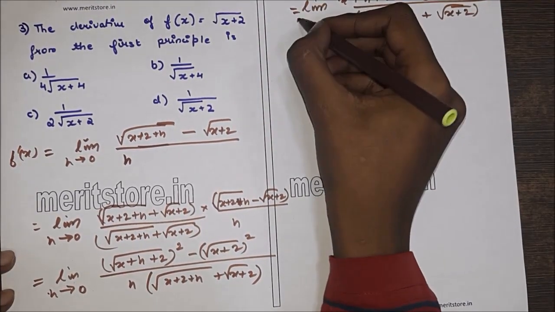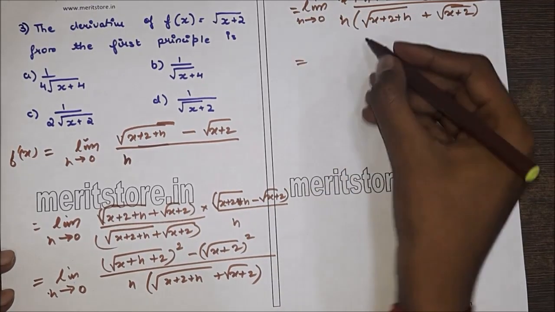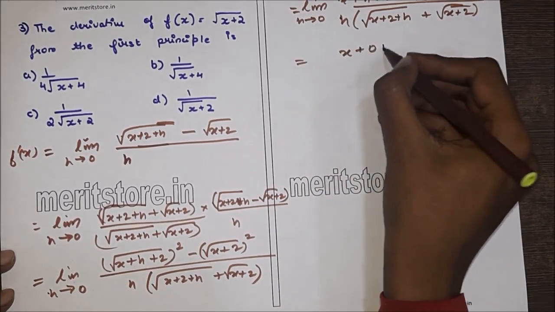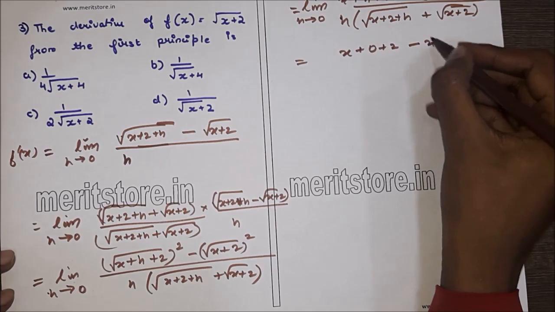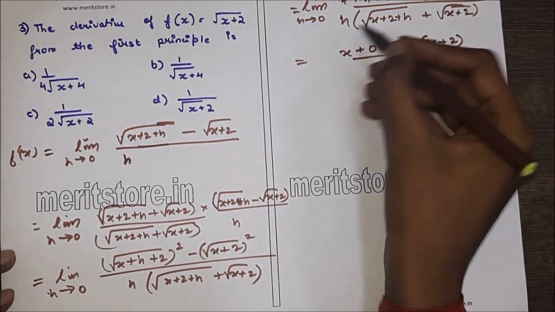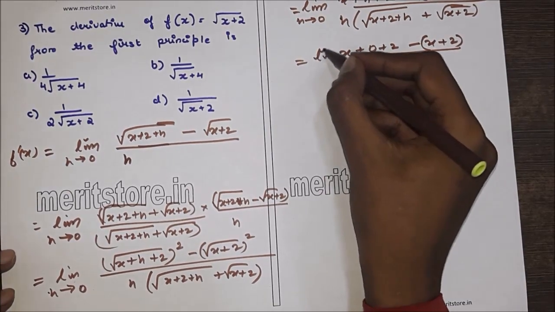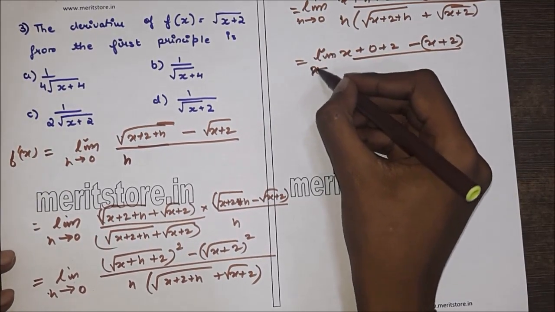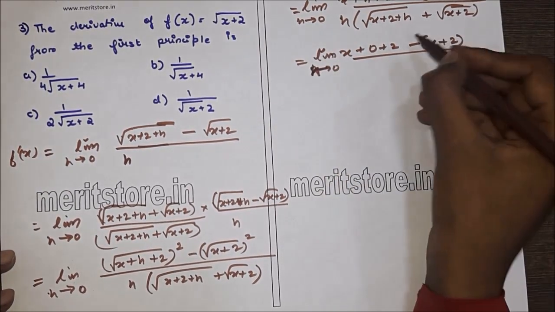Limit h tends to 0. Now we don't put the limit for h tends to 0 yet.